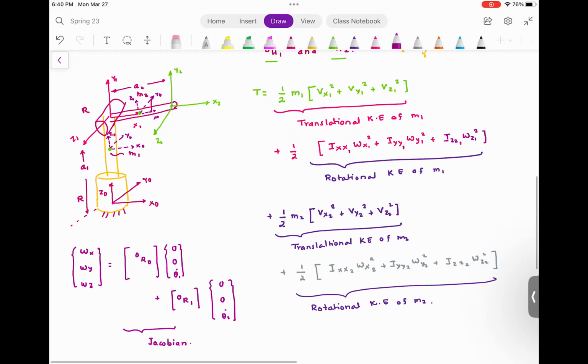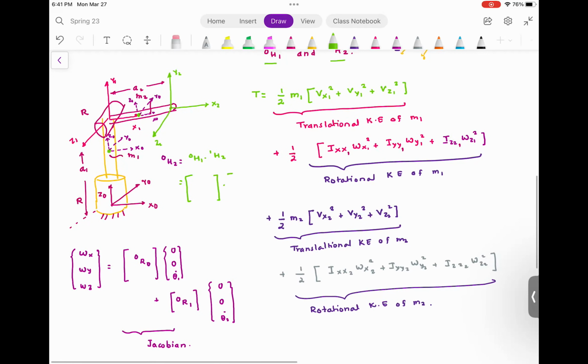So remember, to find 0h2, we do 0h1 multiplied by 1h2. Do you agree with me? 0h1, there is no change.